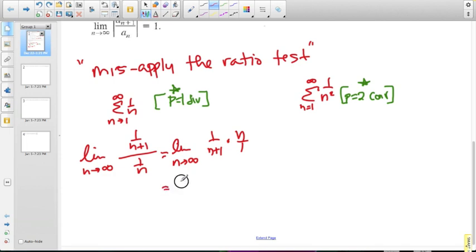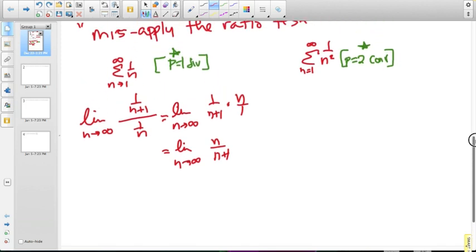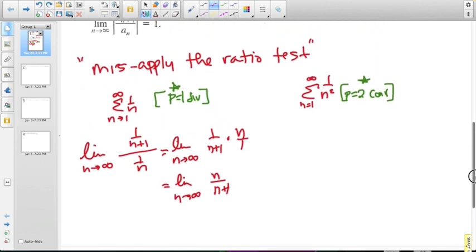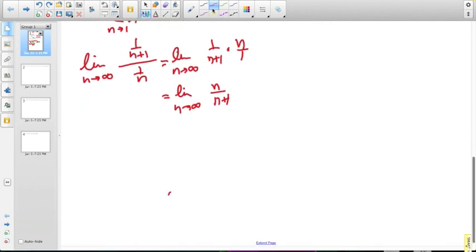We change that to multiplication. And so we have n over n plus 1. We have to evaluate that as n goes to infinity. We acknowledge that that is an indeterminate form, infinity over infinity. And so I'm going to do a little L'Hopital's on that.